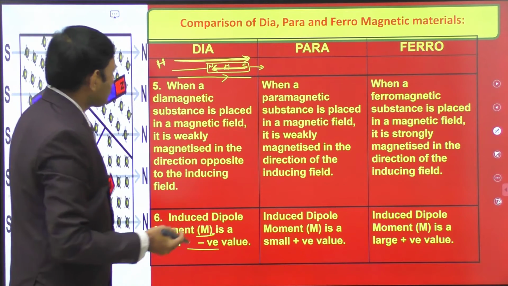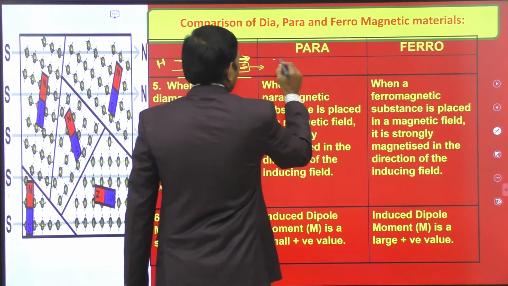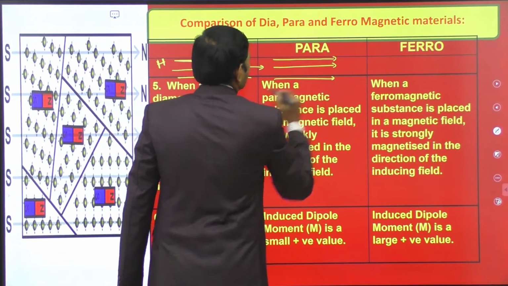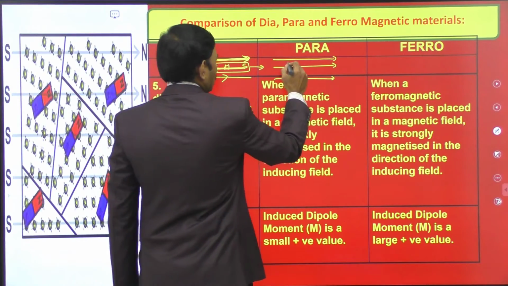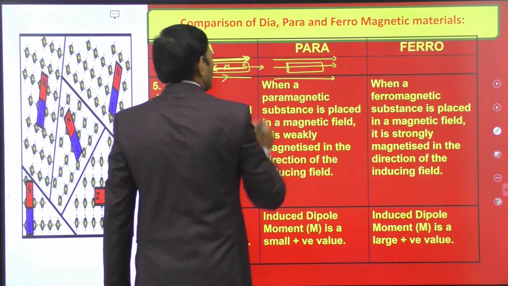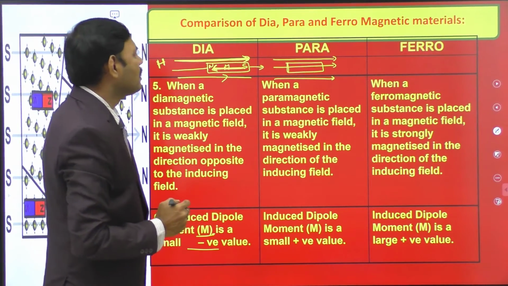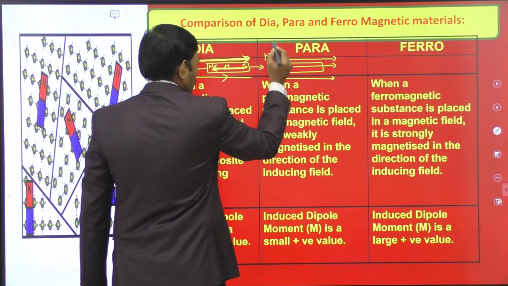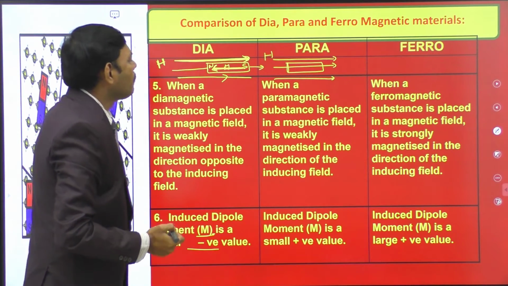Now paramagnetic substances. Let this be the uniform magnetic field in a particular region. We inserted a paramagnetic substance such as aluminum in the applied H. This is the applied H, magnetizing force, magnetic intensity.